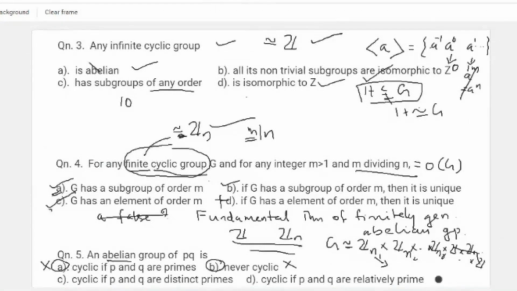But if we add that P and Q are prime numbers and they are relatively prime, in that case this option is true. Got it? If P and Q are prime numbers and they are relatively prime, then the only possibility is that the group is ZP into ZQ.